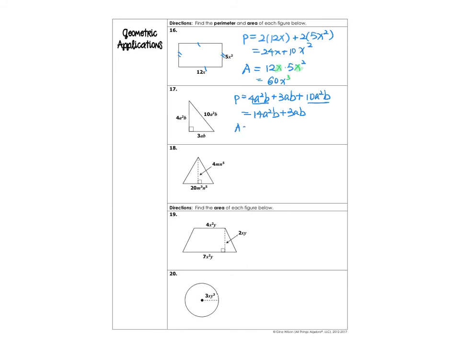Now for area, for a triangle, it's 1/2 base, which is 3ab, times height, which is 4a squared b. And now numbers first. 4 times half is 2.